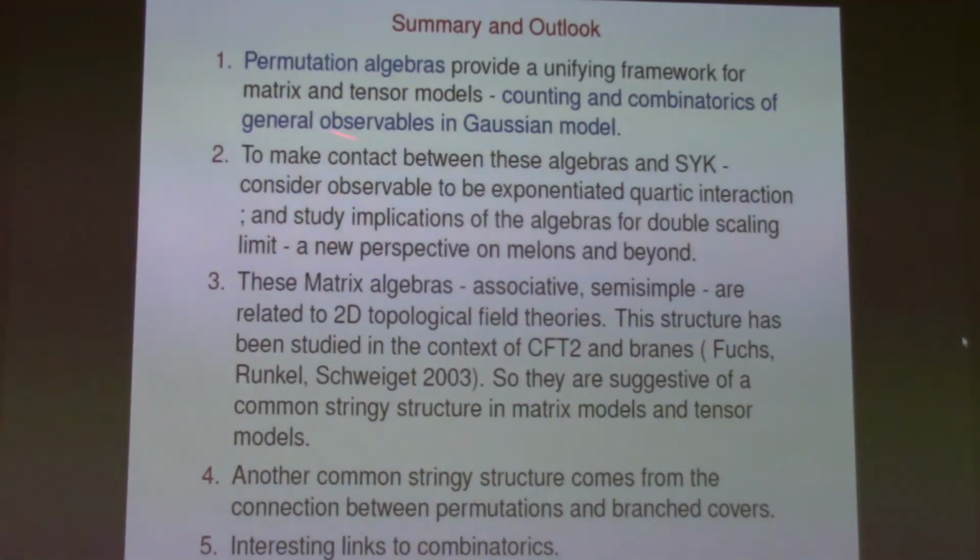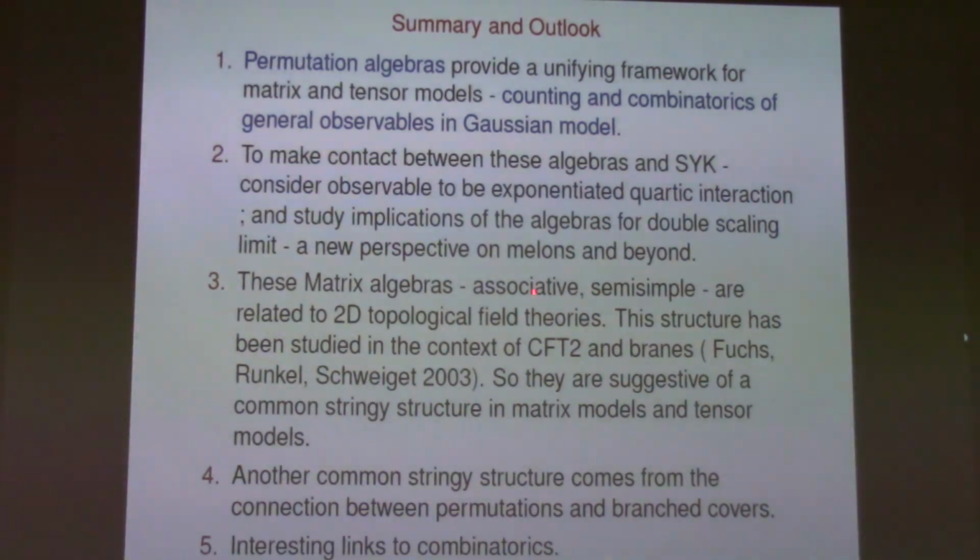Also, what's interesting about this story is that this permutation algebras way of looking at invariants always gives you, because these algebras turn out to be associative and semi-simple, some underlying matrix structure. And it's a matrix structure not directly related to the indices of the phi, but having to do with the structure of the permutation algebras. People have studied these algebras, which are called Frobenius algebras, which are related to 2D topological field theories.